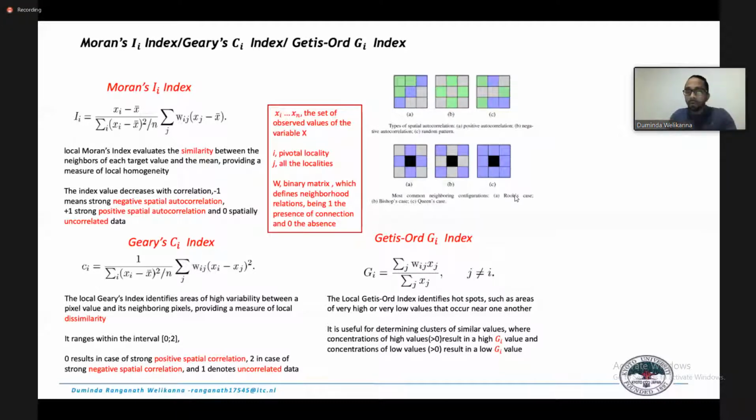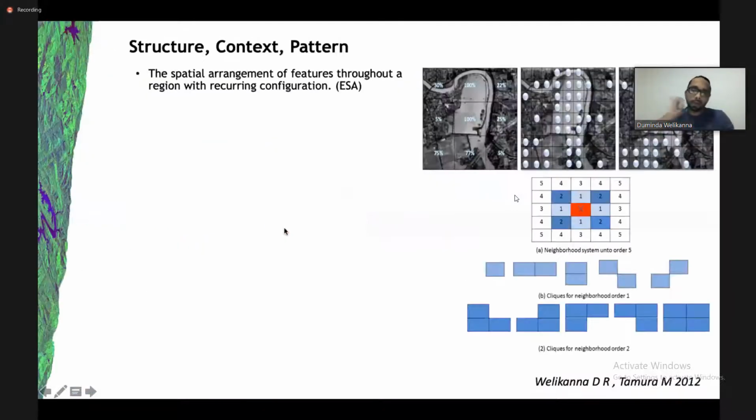So if you can give values to the original image for buildings and roads and rivers by use of some sort of methodology, some sort of mathematical model, then you're converting your image into texture elements. So you do whatever you like on that texture image. Okay, so texture is a very important concept.